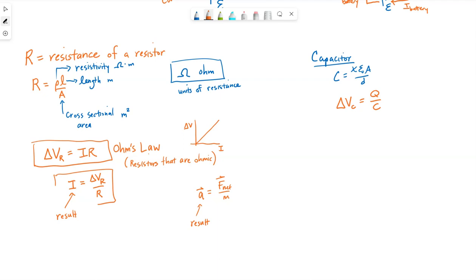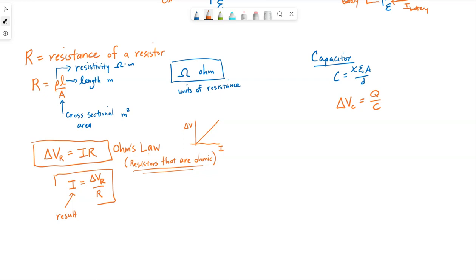So many materials are ohmic materials. There are plenty of materials that are not. For those, we cannot use V equals IR. But that's okay. Our resistors that we are going to talk about are going to be ohmic.